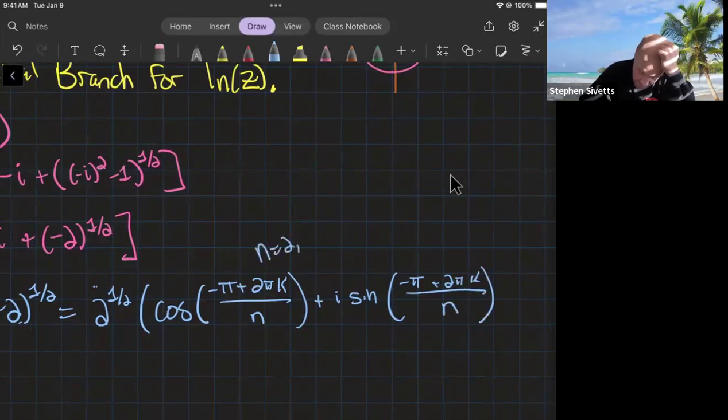In this case, n is 2, and k is equal to 0 and 1.